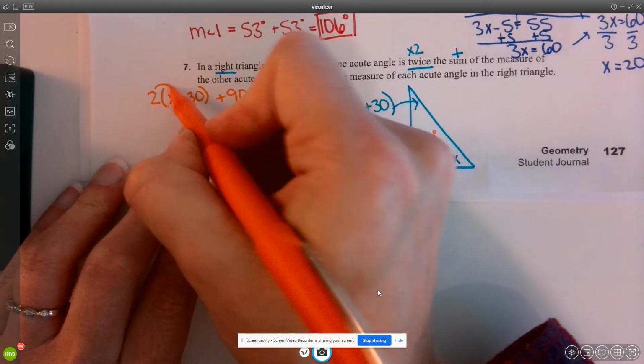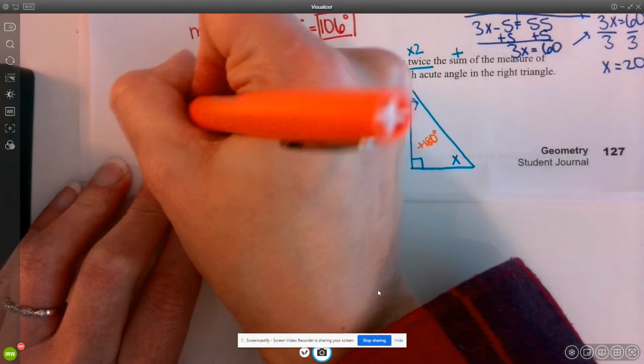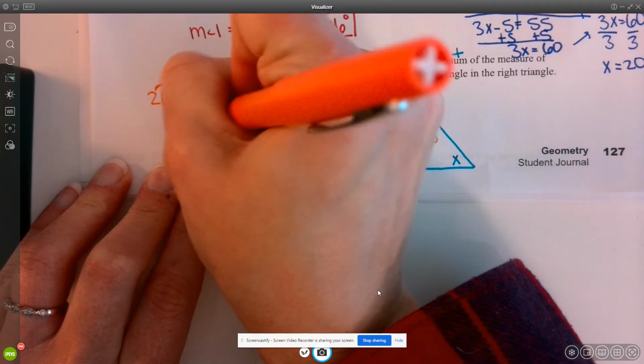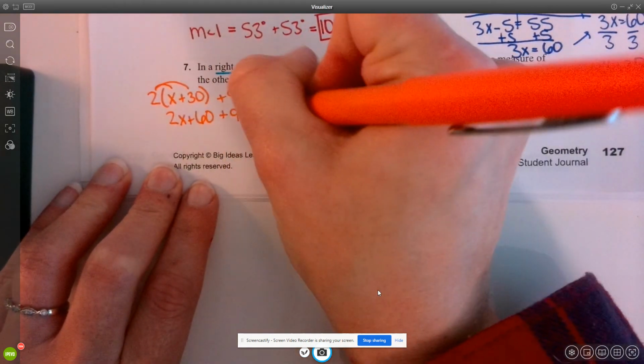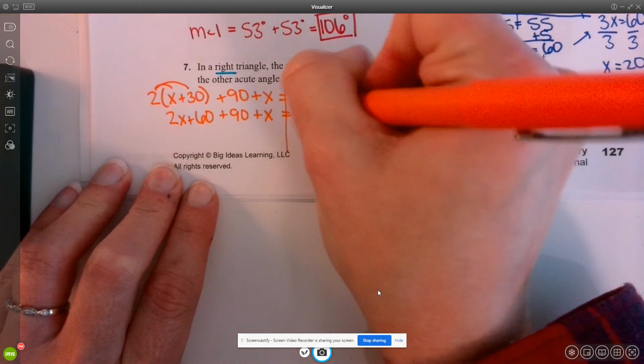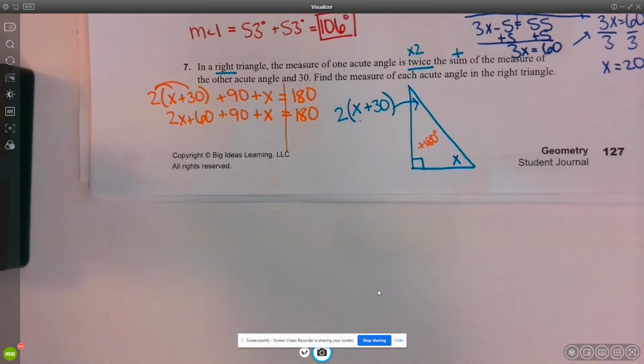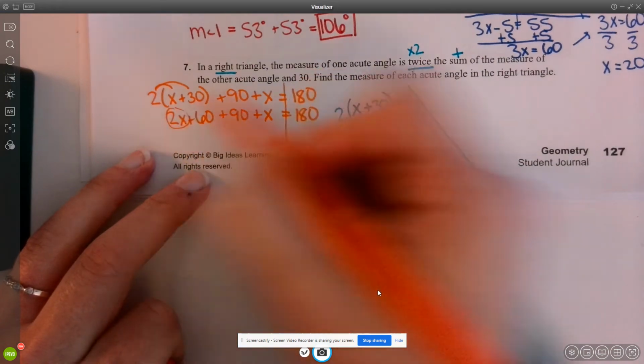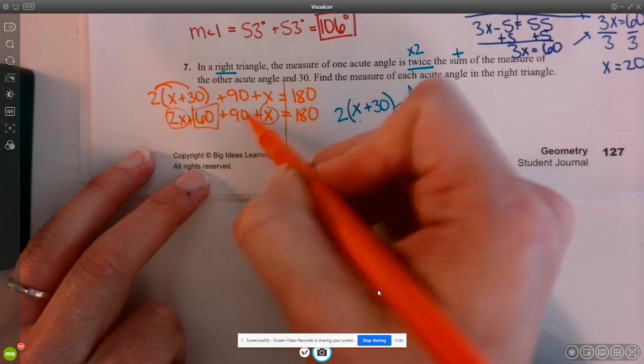I'm going to go ahead and use the distributive property. I see some like terms that I'm going to add together.